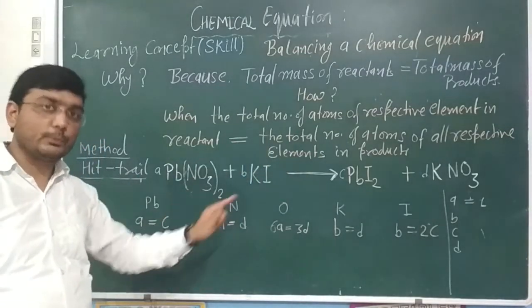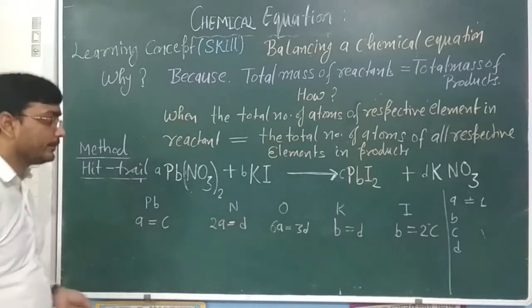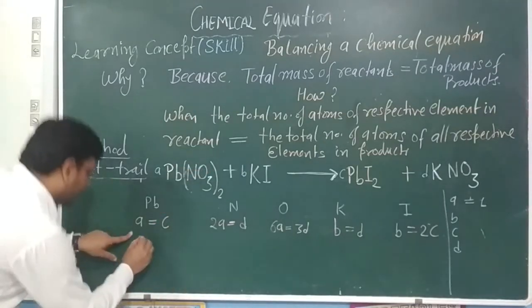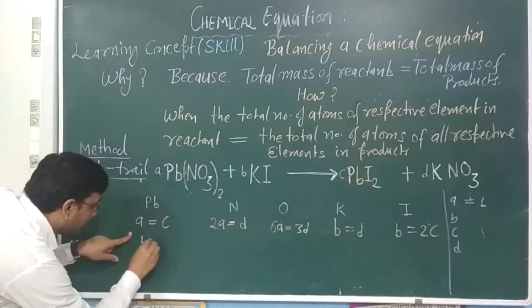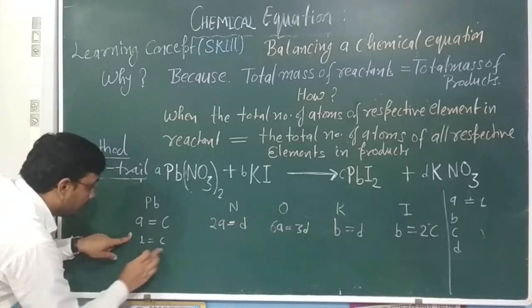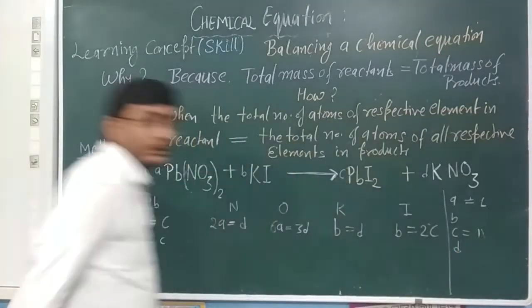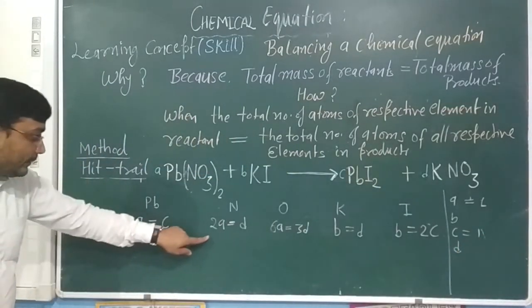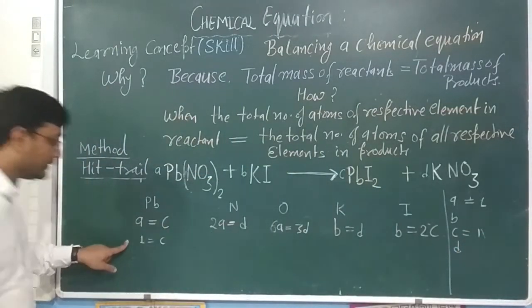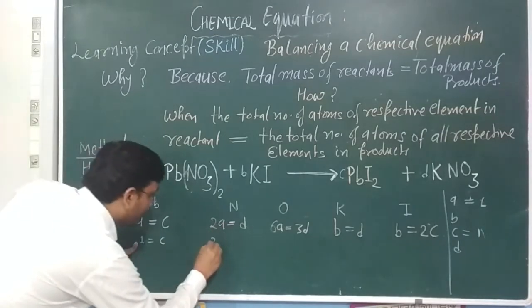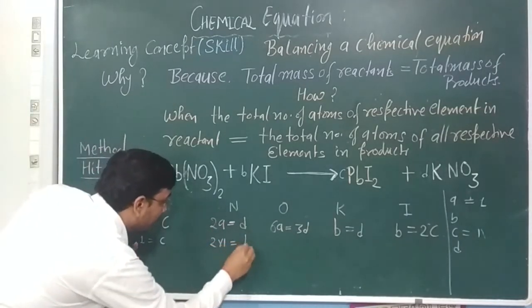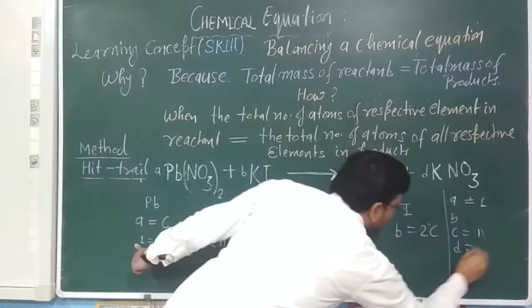You have to suppose it. Take A equal to 1. So C is equal to 1. This is a very good method. Now 2A, so 2 into 1 is equal to D. D is equal to 2.